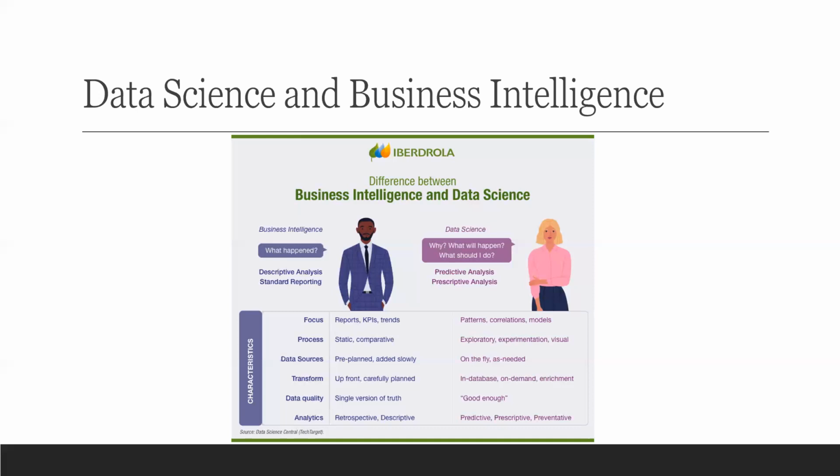You can just go through it, but it's nothing big or fancy. Just understand business intelligence and data science. Business intelligence is what happened. It is descriptive analytics. Data science is more about why, what will happen, and what should I do. So what are the action items?